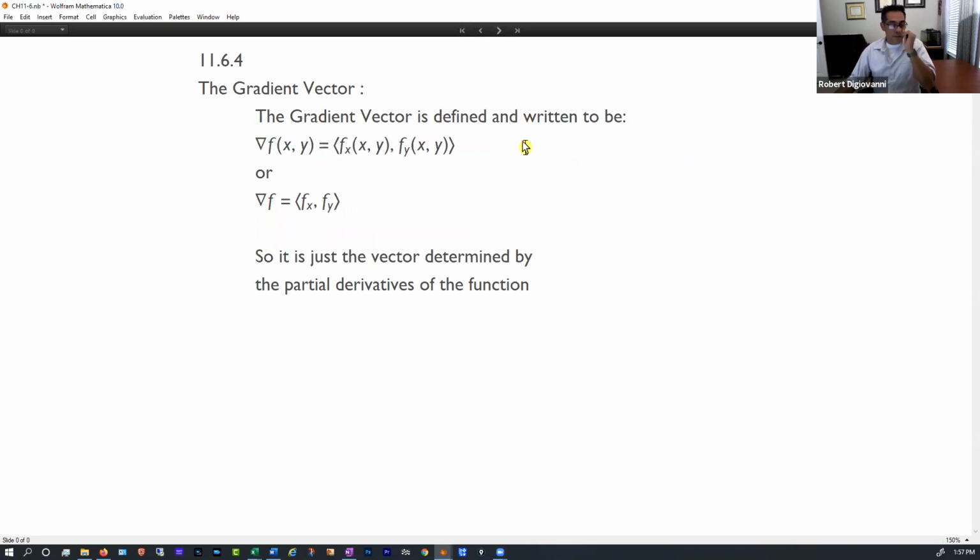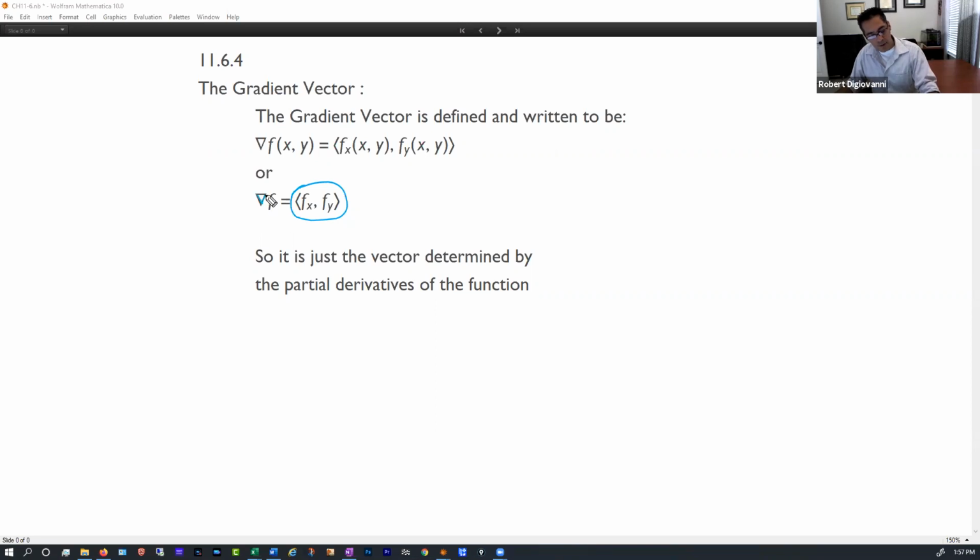The gradient vector, so this is a definition. That vector that we just created, the one that I said, hey, we're just going to call this thing this, has a special name. Its name is the gradient vector. It's the gradient vector of the function f. And we have a special notation for it.